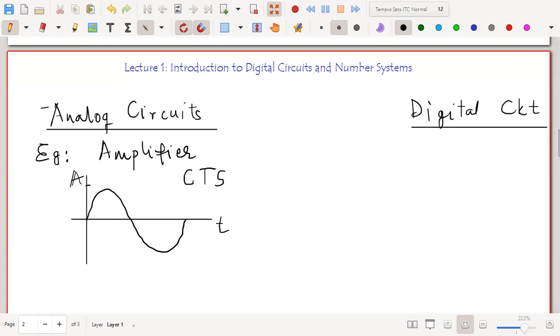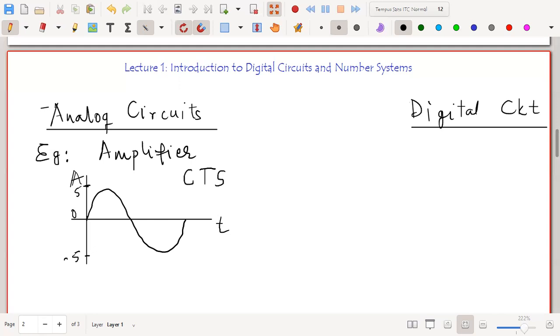Within a specific range, let us say this is a signal from 0 to plus 5 volt and then minus 5 volt. So between this range, plus 5 volt to minus 5 volt, or from 0 to plus 5 volt, this type of signal can have any values.